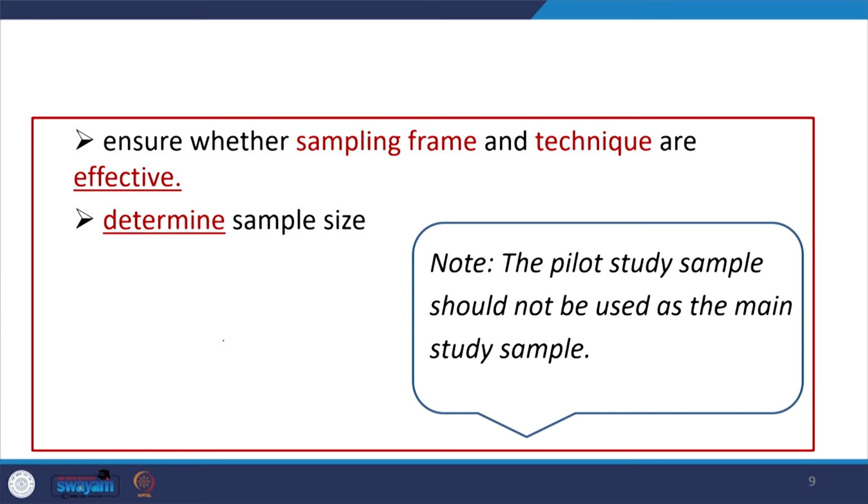The techniques like whether you should adopt the direct interview, or whether information could be taken through an online survey, or through a telephonic survey, or through a snowball approach, or through crowd sampling, or through the CAPI method as adopted by the World Bank. You can go and check the World Bank. I think I already guided you, but anyway you can also follow that of the World Bank.